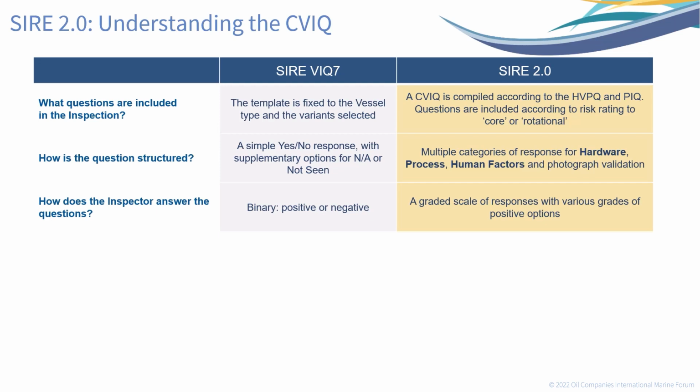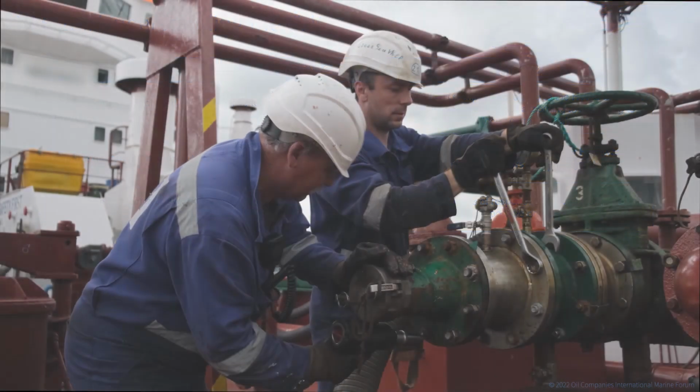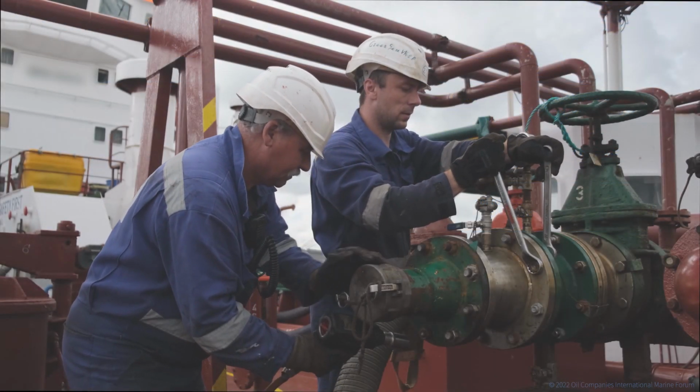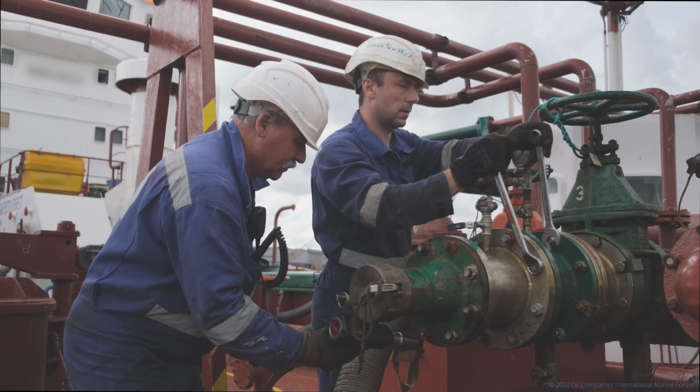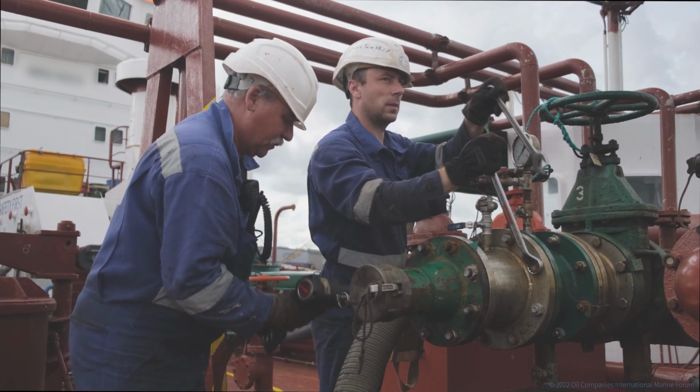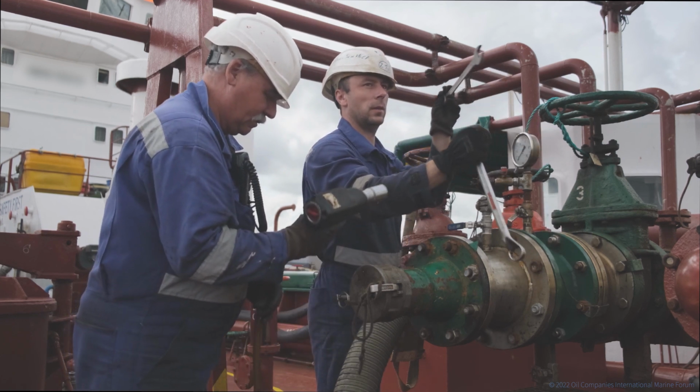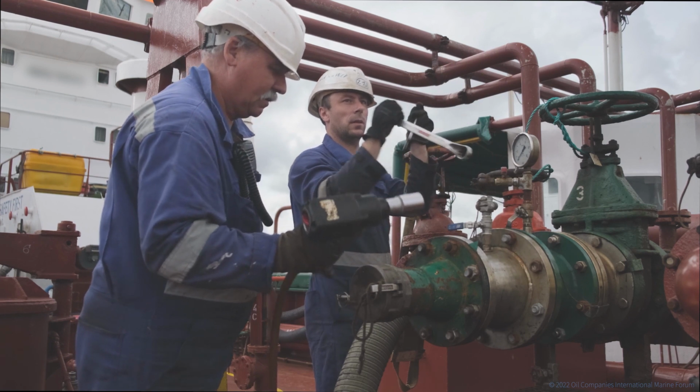All questions in a VIQ7 inspection required a simple yes-no binary response, with supplementary options for not applicable, NA, or not seen, NS. The Sire 2.0 inspection has moved away from the existing VIQ7 question styles, with questions that now require graded responses for hardware, process, and the human factor elements of each question.